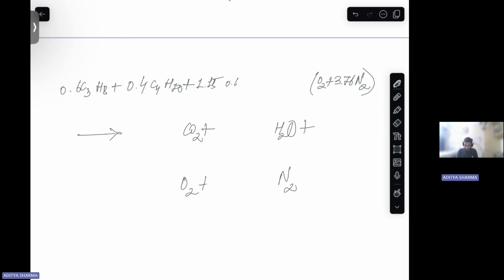This is 0.6 of 3 plus 8 by 4. So the quantity in the curly bracket is for your propane. Then this is for your butane. Okay.